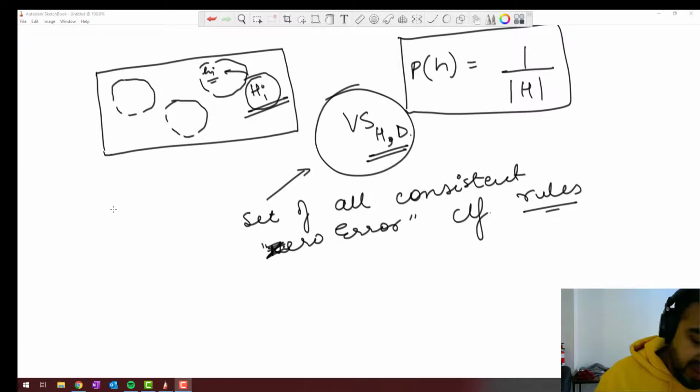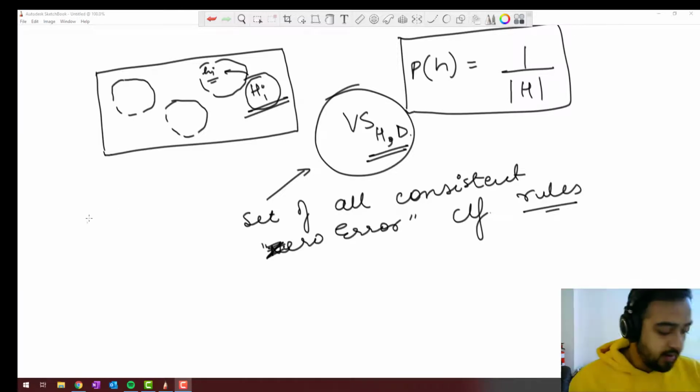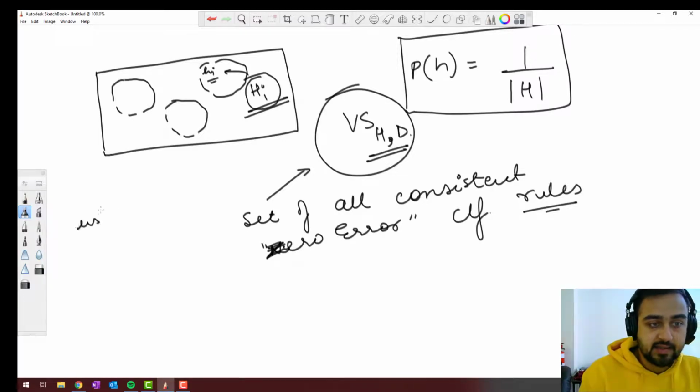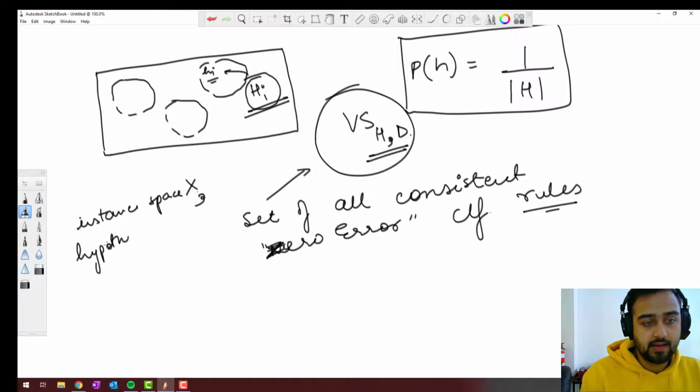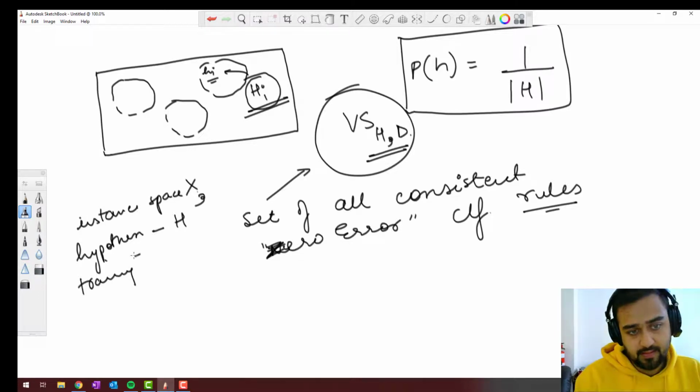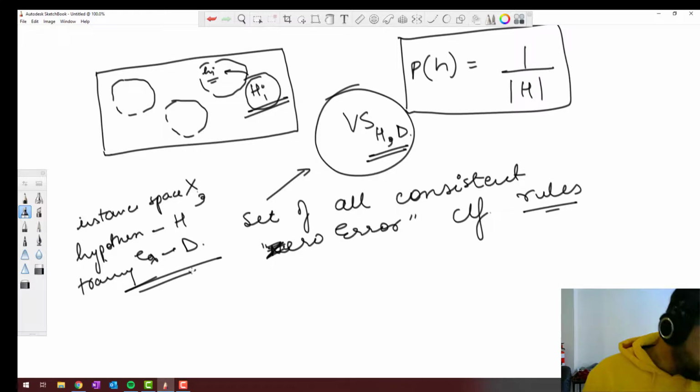Now we have an instance space X, a hypothesis space capital H, and a training example capital D, right?